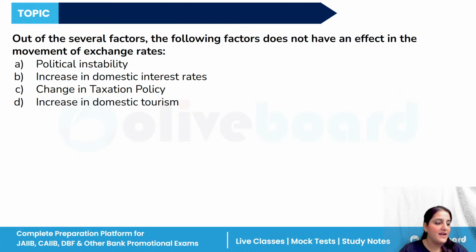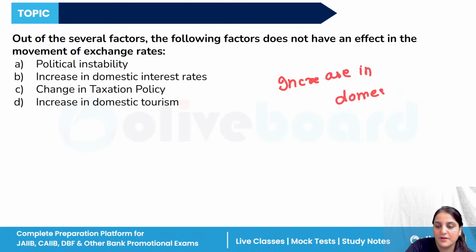The factor that does not have a significant effect on the movement of exchange rates is the increase in domestic tourism. Why?